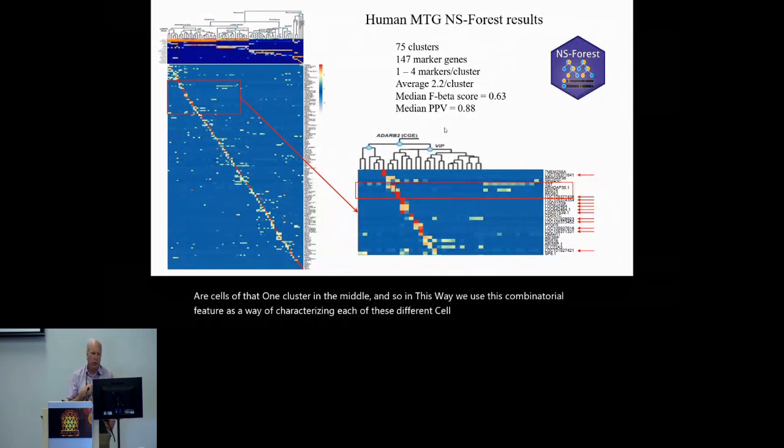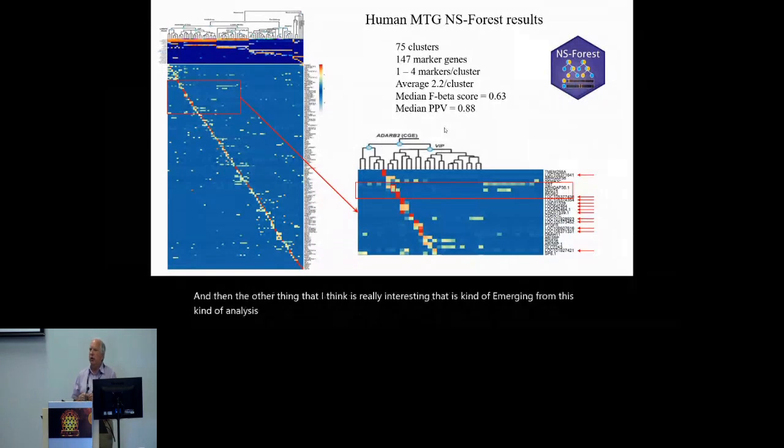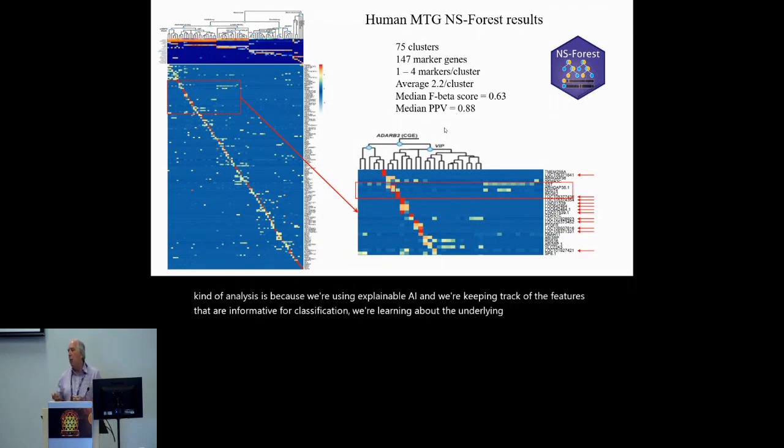The other thing that I think is really interesting that is emerging from this kind of analysis is that because we're using explainable AI and we're keeping track of the features that are informative for classification, we're learning about the underlying biology, about what it means for cell type identity.